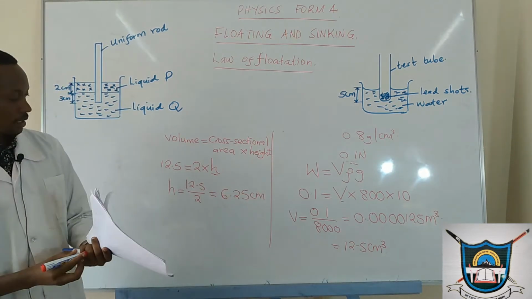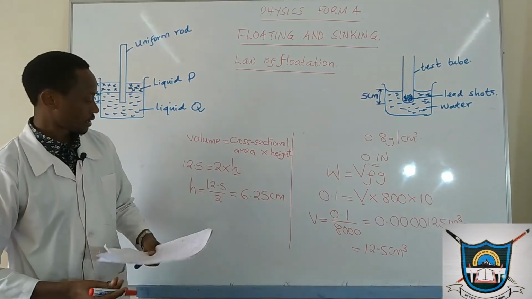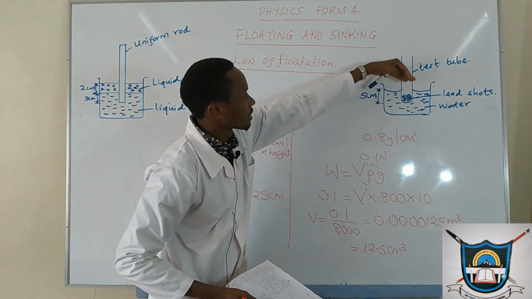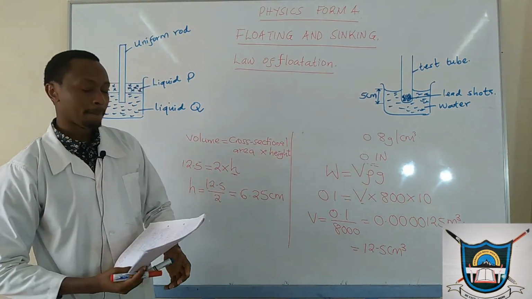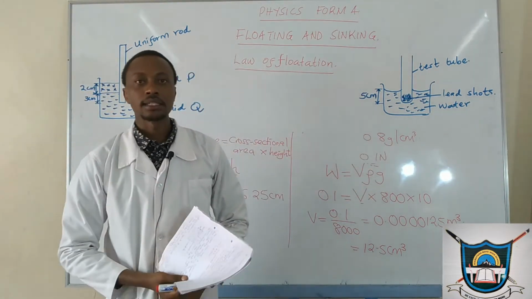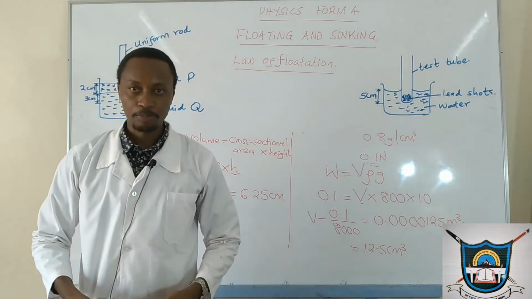I hope you got that correct, students. That is the height when the test tube and its contents float in a liquid whose density is 0.8 instead of water.